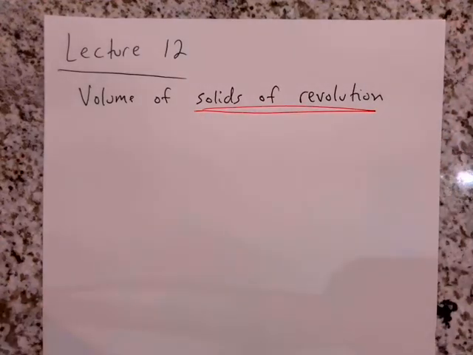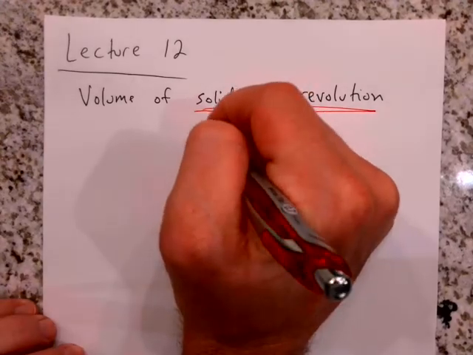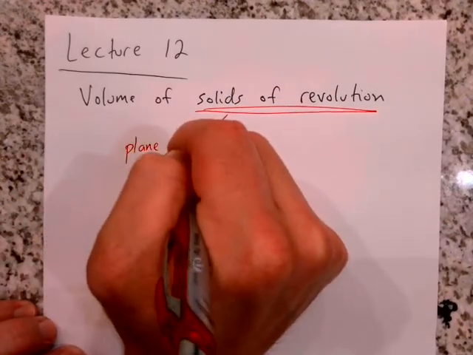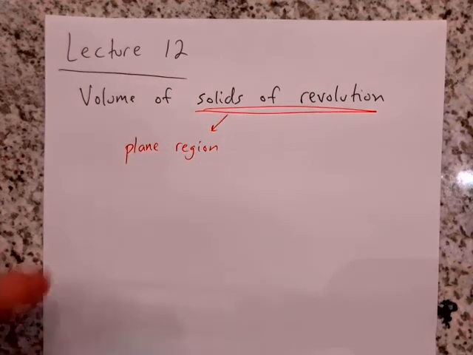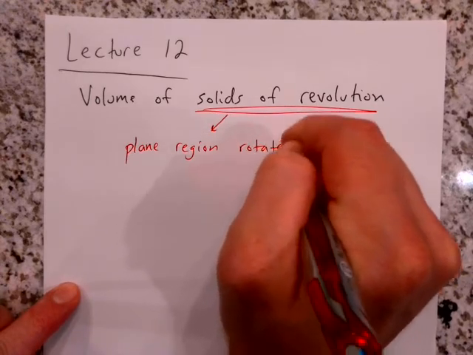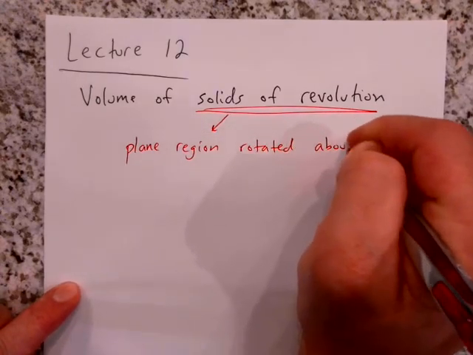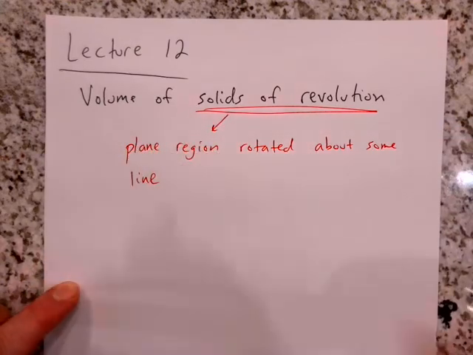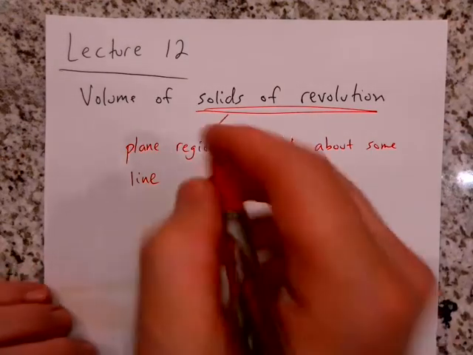Well, a solid of revolution is a plane region, a two-dimensional region, which for us will always be represented in the Cartesian plane, and it is rotated about some line. The line is called the axis of revolution.